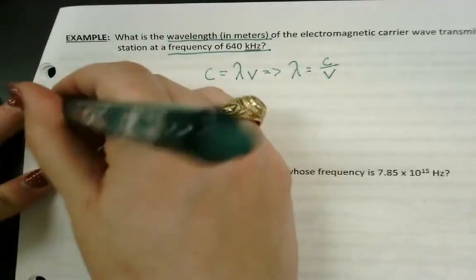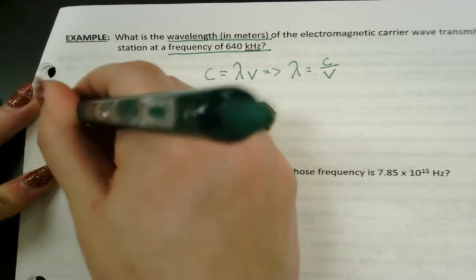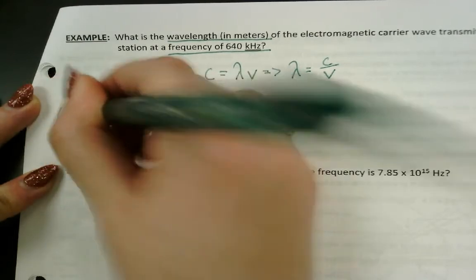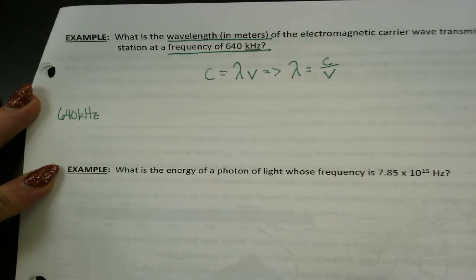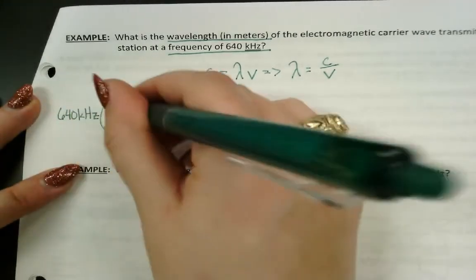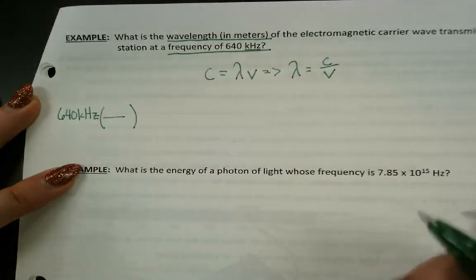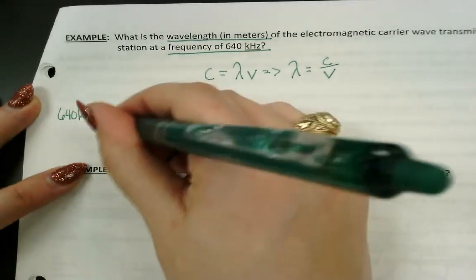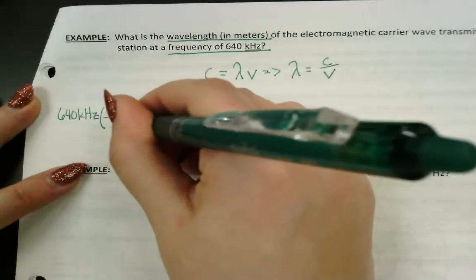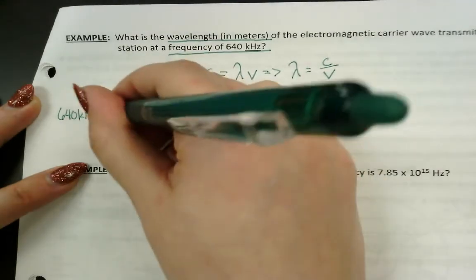So we're starting with 640 kilohertz. How do we get to just regular hertz? Well, kilo goes on the bottom, right? And regular hertz goes on top.